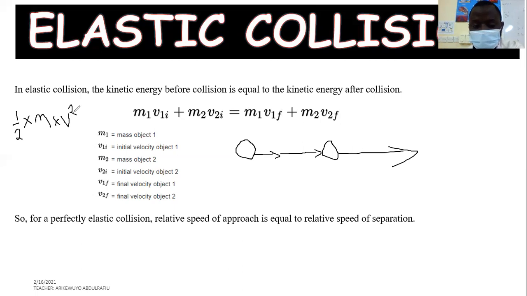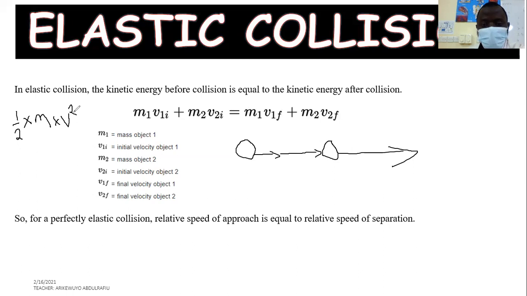The second one is that for a perfectly elastic collision, the relative speed of approach, meaning the speed before they collide, is the same as the speed after they have collided. Because after they collided, they will move their separate ways and still have their speed. So the relative speed before collision will be the same as the relative speed after collision.